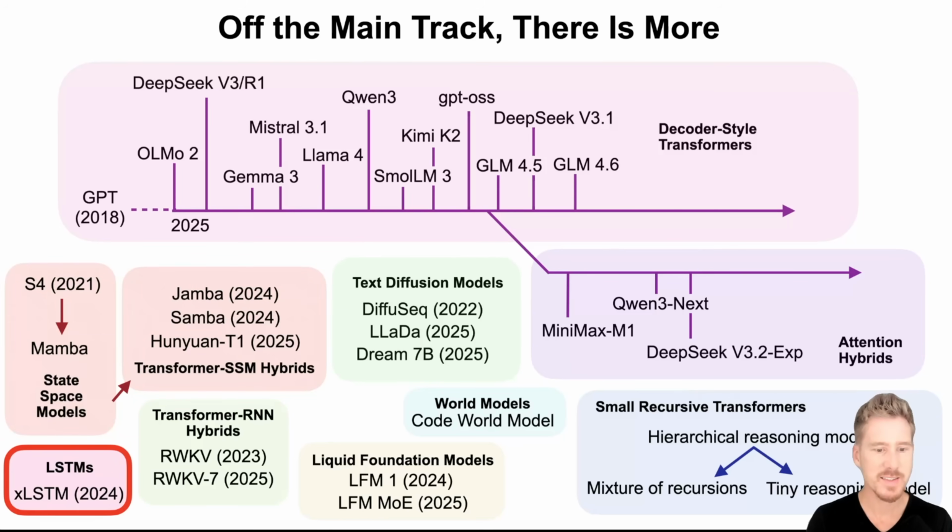And then there are still also LSTMs. There is the xLSTM model, which is also still a thing. One cool thing about it is that back in the day when I studied, it was all RNNs and LSTMs for text. It's cool that they are still being refined because there's a lot of theory and understanding in that field.